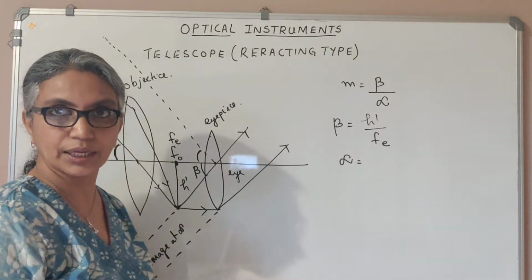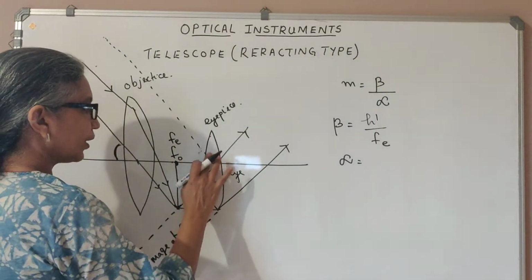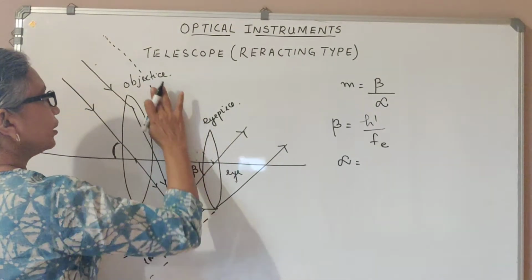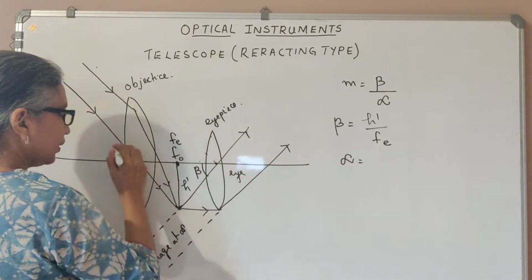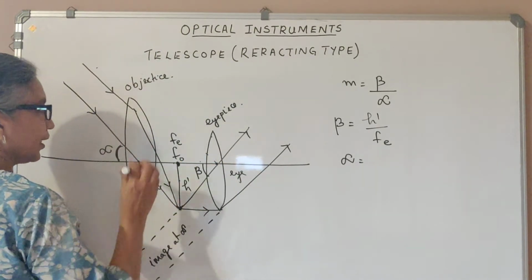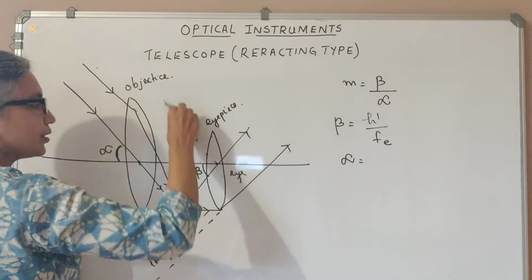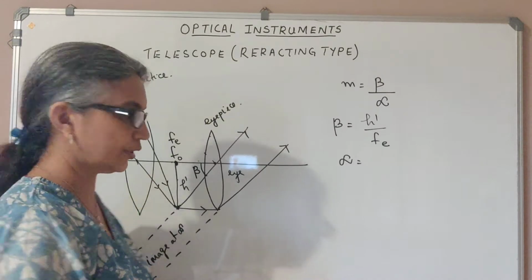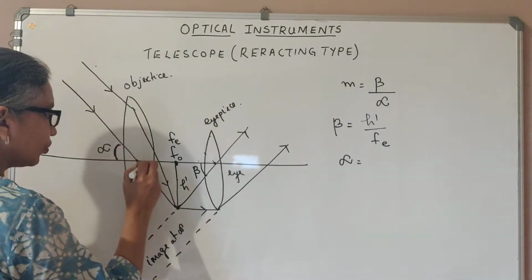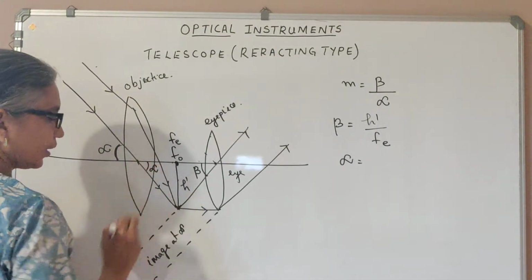Because they are corresponding angles. So you need not actually draw this extended line. You may simply remember that these two angles will be the same. So I'm going to call this alpha because that is the angle subtended by the object at the eye when the object is at infinity. So if this is alpha, we know this is also alpha.